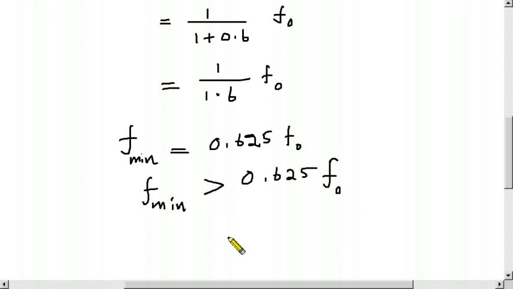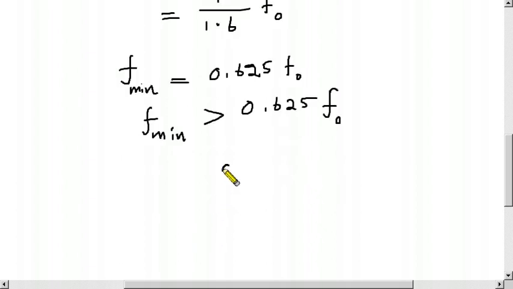That is what we hear, what we listen to. That means the frequency heard must be greater than this value, 0.625 f naught.